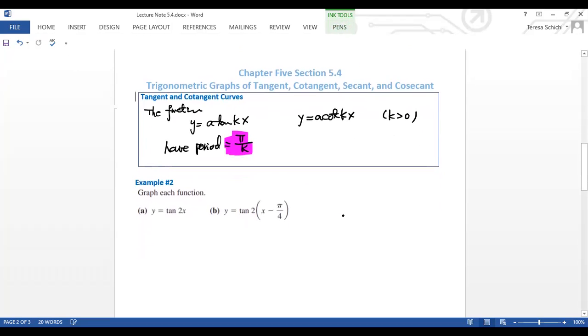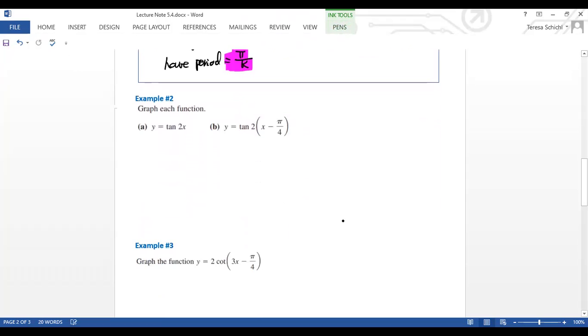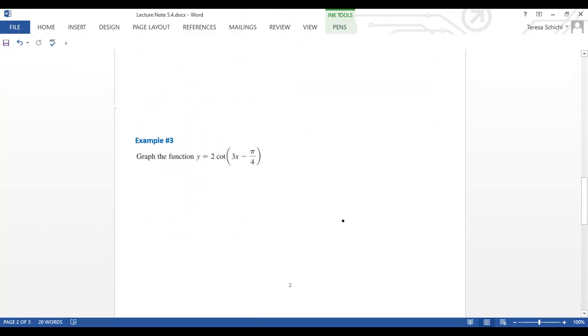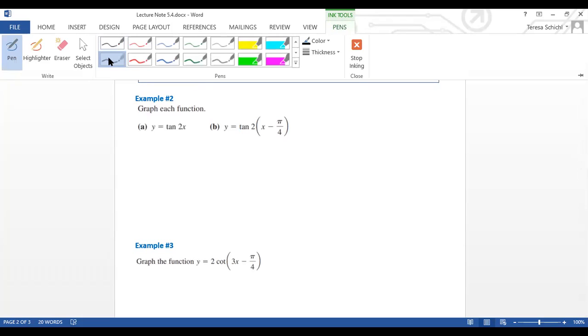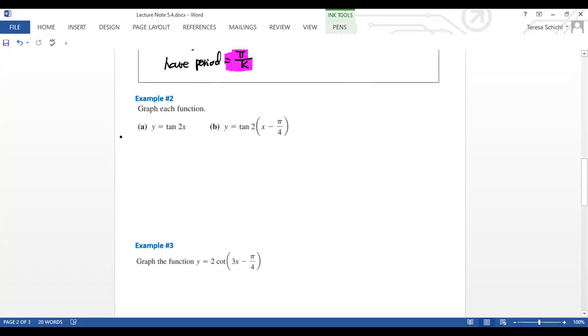So now, how do we graph it? Let's take a look at how we graph this one. For tangent 2x, just like we did before, what is the period here? The period will be pi over 2.